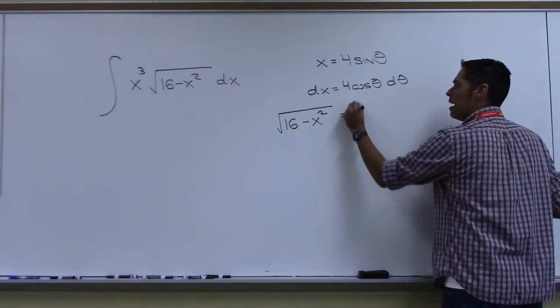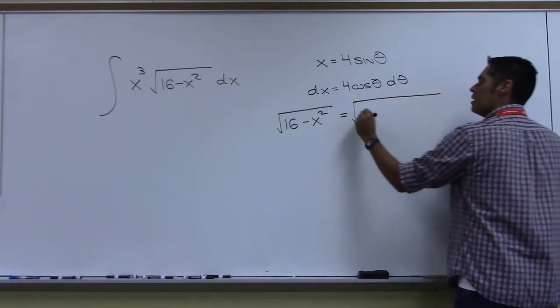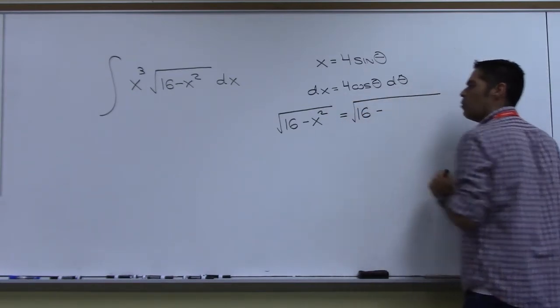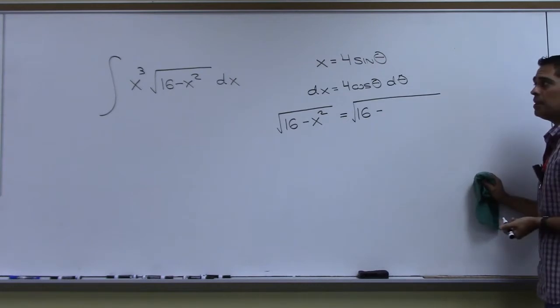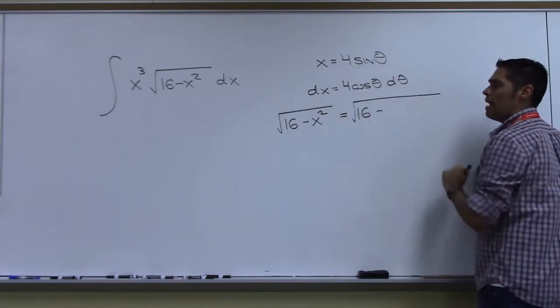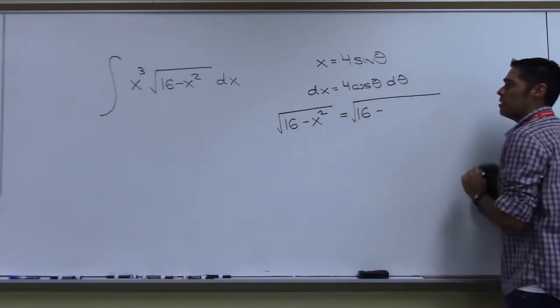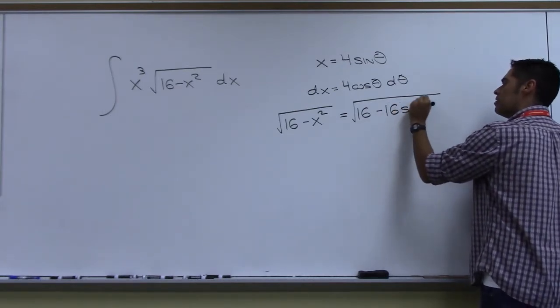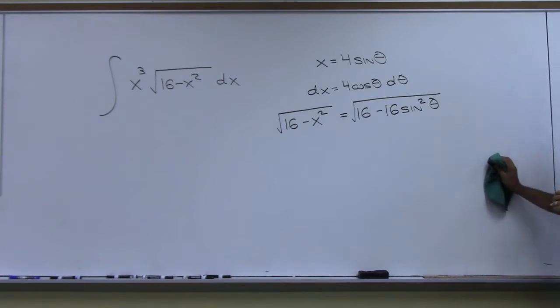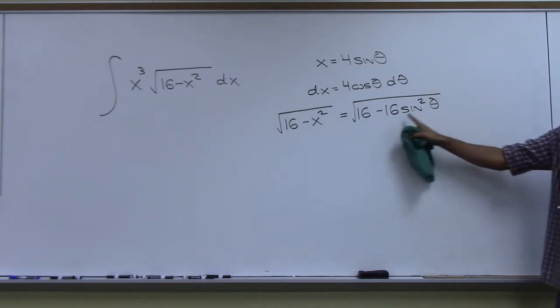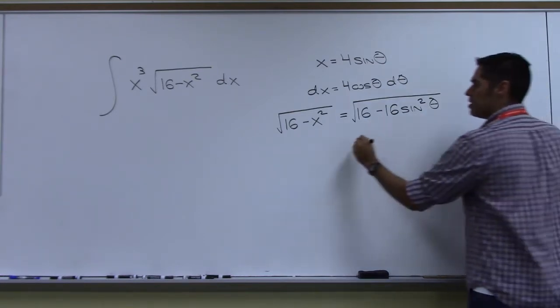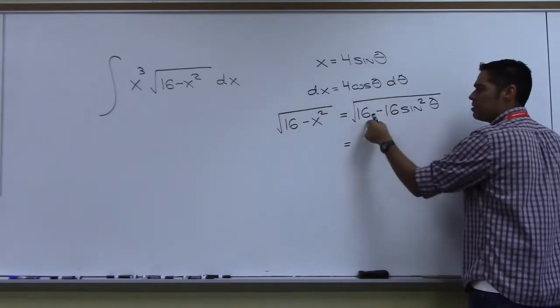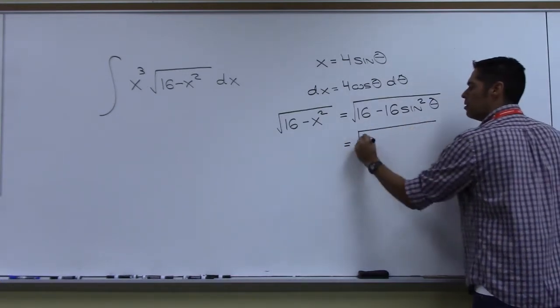Isn't this the same as 16 minus, now what's x? What are we saying x is going to be? 4 sine theta. What happens if you square 4 sine theta? What do you get? 16 sine squared theta, right? And what do these both have in common? 16. So you can factor 16 out underneath the root.